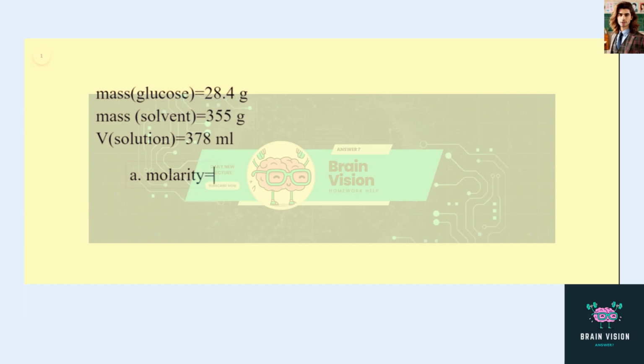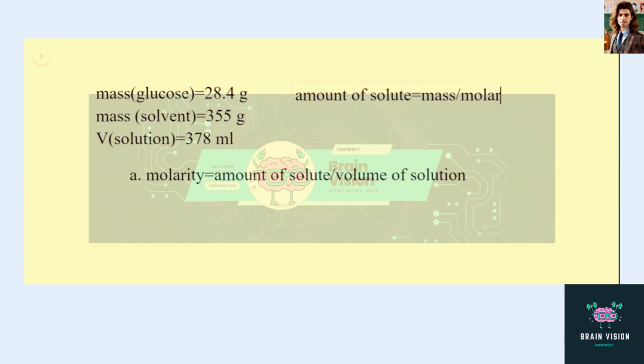Molarity is defined as the amount of solute divided by volume of solution. We are missing the amount of solute, but we can calculate that from mass and molar mass of glucose by saying amount of solute equals mass divided by molar mass.